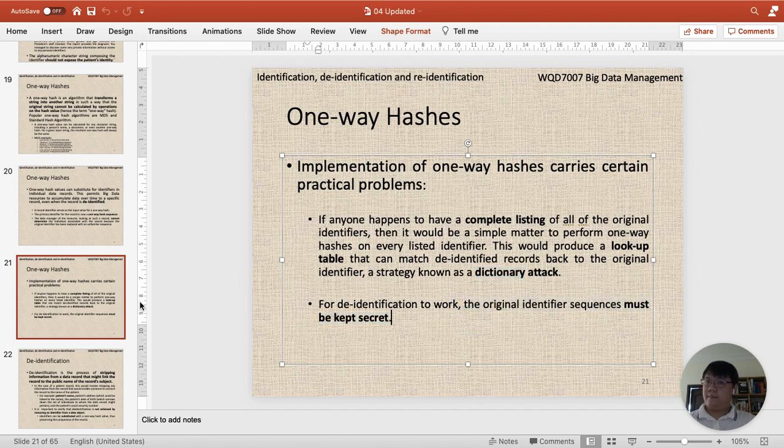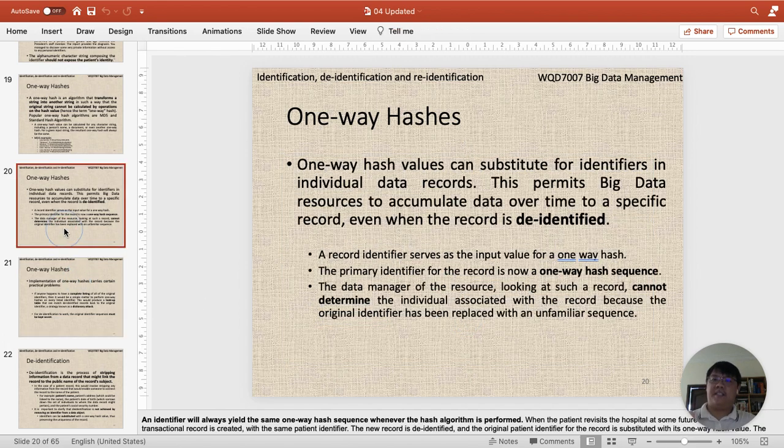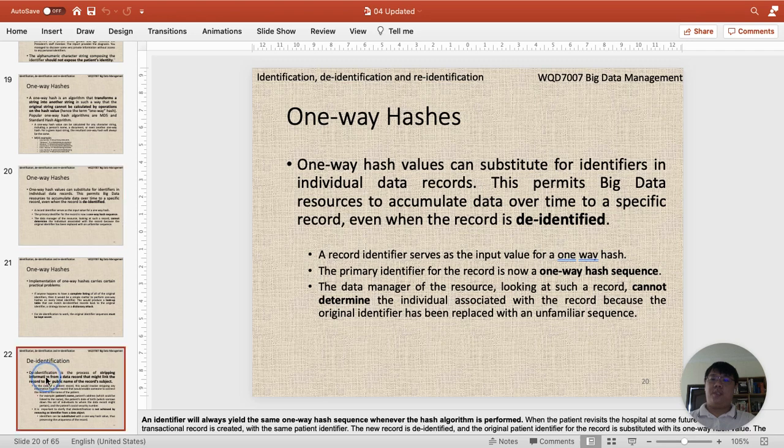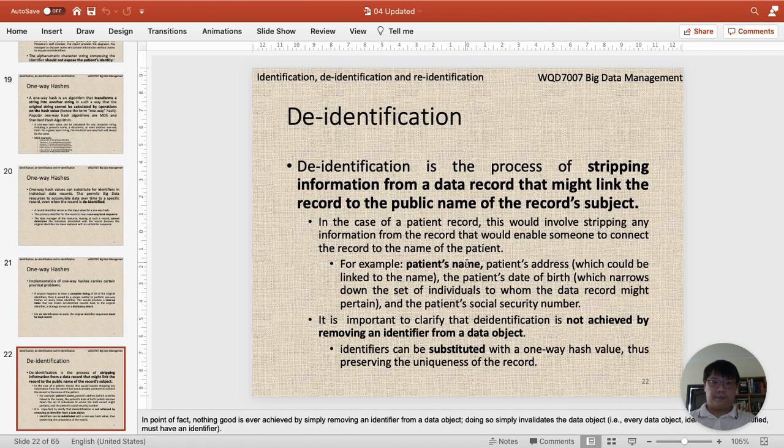Okay, so these one-way hashes that we discussed basically bring the concept from identification to de-identification here. In general, de-identification is a process of stripping the information from data records that might link the record to the public name of the record subject. So this is what the one-way hashes that we are talking about do.